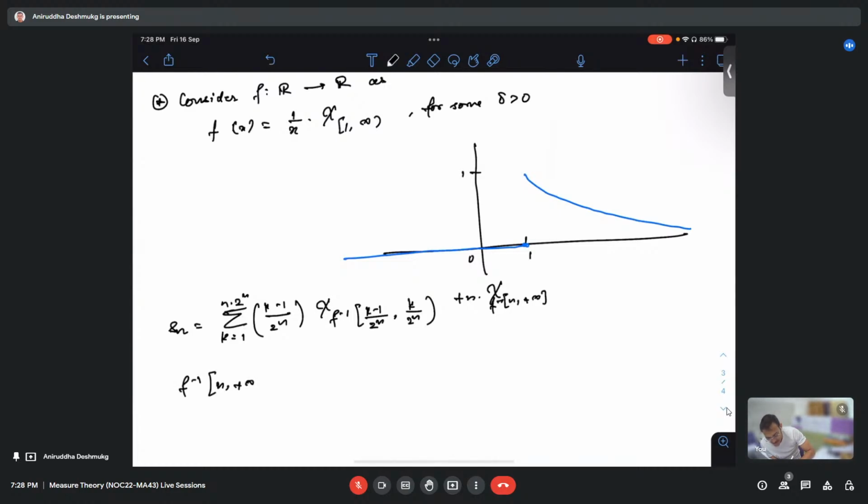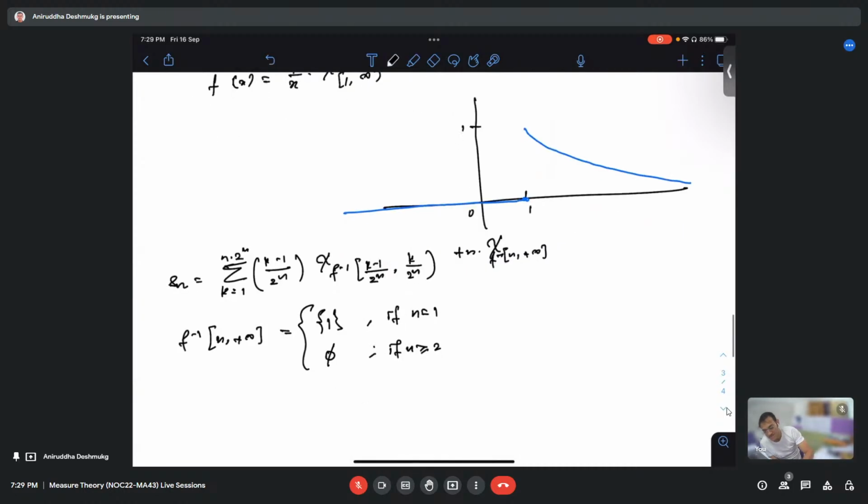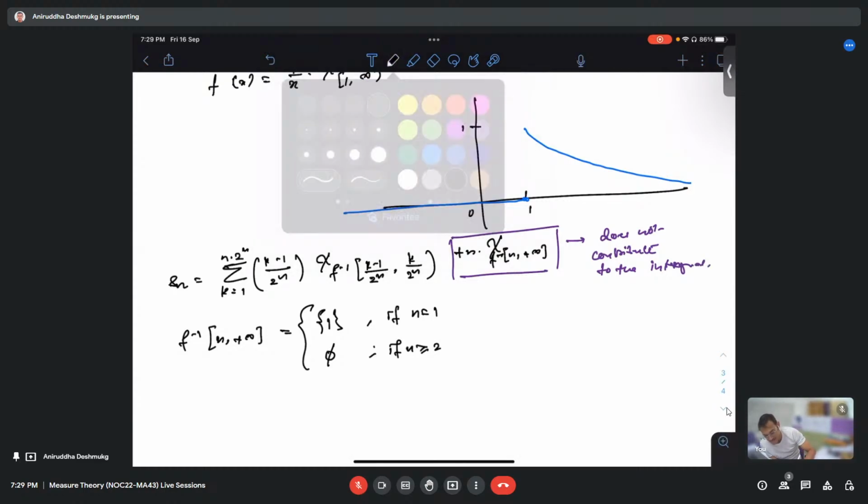F inverse of n to plus infinity has only two possibilities. This is singleton 1 if n is 1, and it is empty if n is bigger than or equal to 2. So there is no contribution whatsoever from this part. No contribution to the integral, of course. The only contribution comes from the other part.